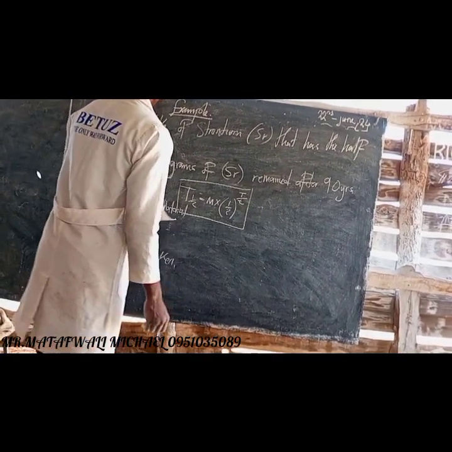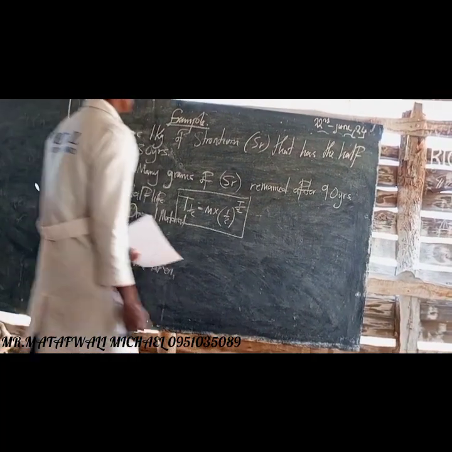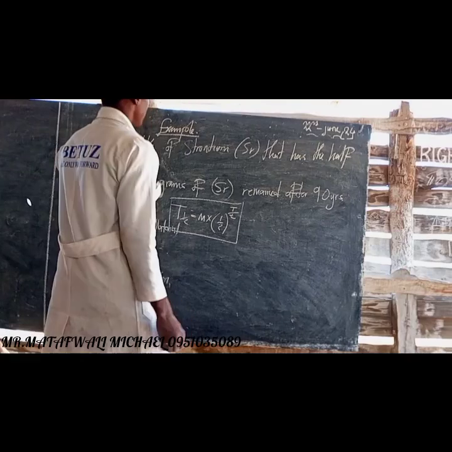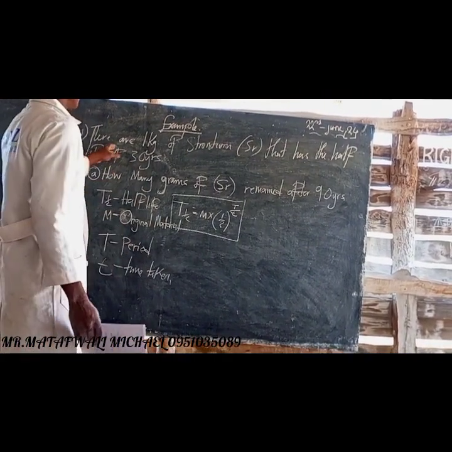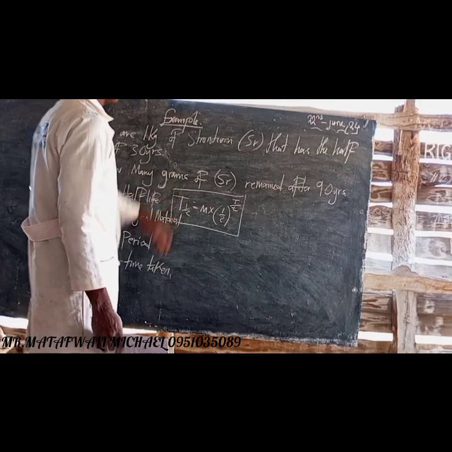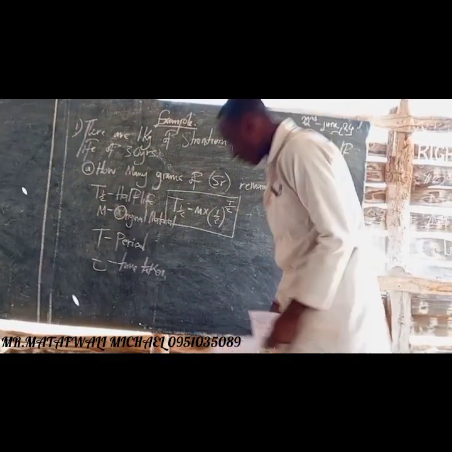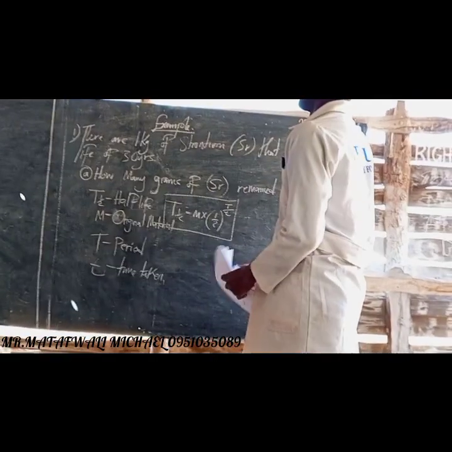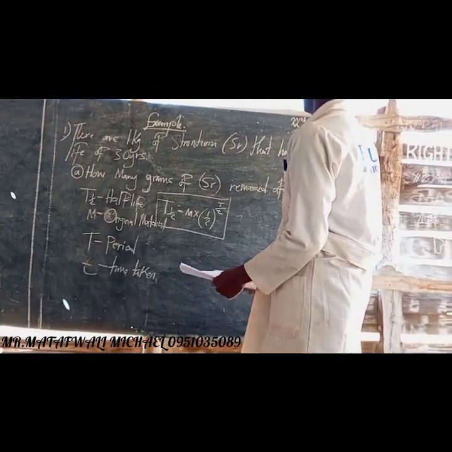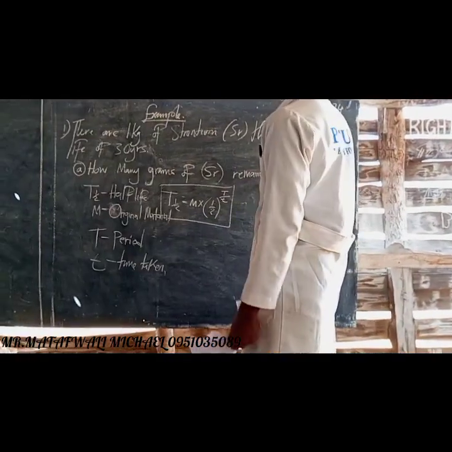So when solving this question using this formula, this is how we are going to answer this question. The question is saying there is 1 kg of strontium that has the half-life of 30 years. How many grams of strontium remained after 90 years?